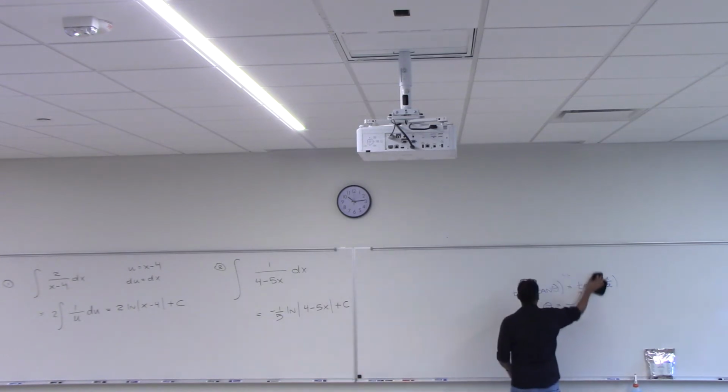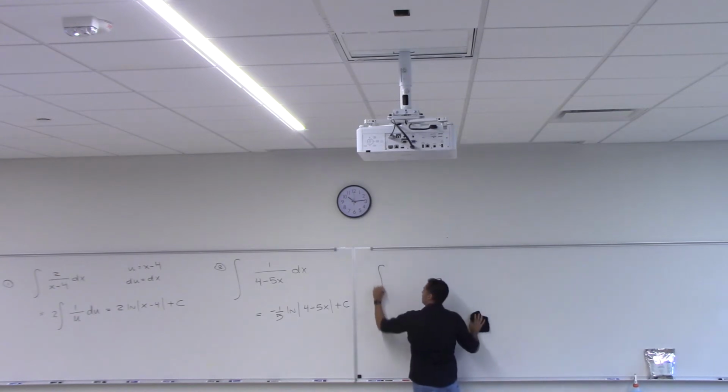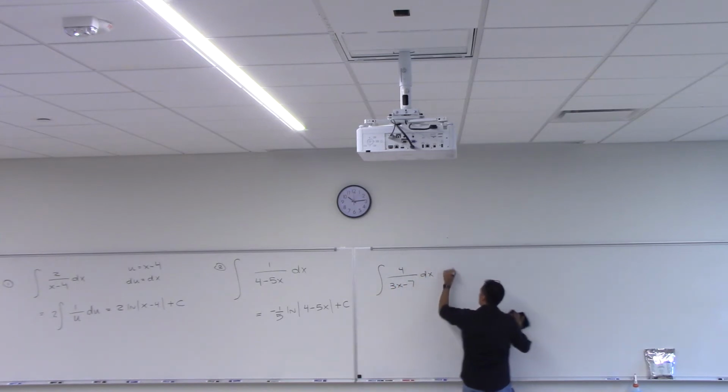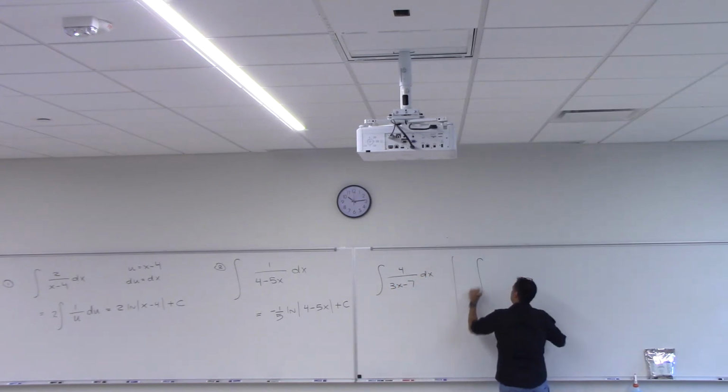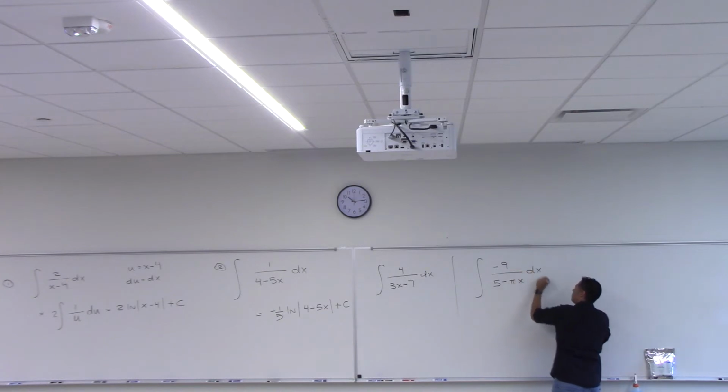I'm going to put like 3 of them up here, and let's see how fast you can get these. So what if we did 4 over 3x minus 7 dx? How about negative 9 over 5 minus pi x dx?